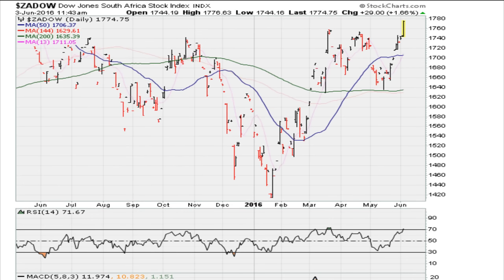Now one thing I want to show you here, just from a learning perspective, is that the recent move off the last couple of weeks did come at a level that was predictable, given that the market had come back to test this entry. So we can draw a line from here. This entry in the RSI brought the market off the lows of January, and we've had a nice move higher since then.